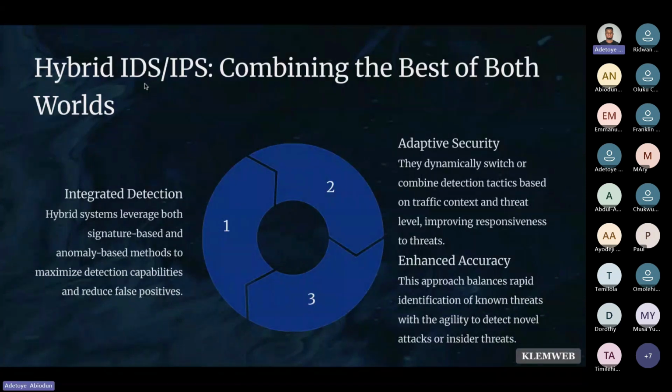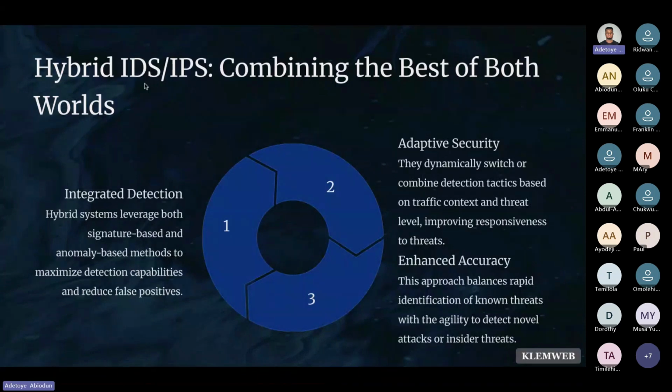So the combination of the two now. Adaptive security. We're still talking about the hybrid, right? They dynamically switch or combine detection tactics based on traffic context and threat level, improving responsiveness to threats.